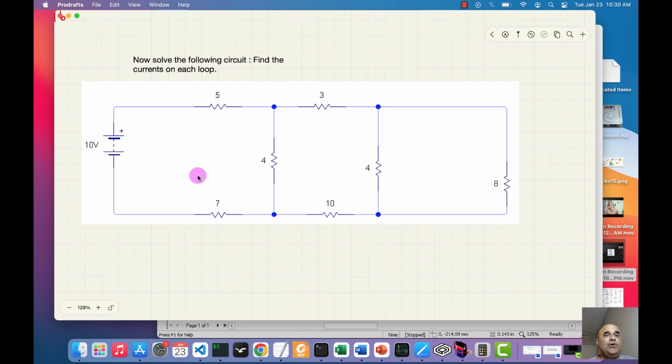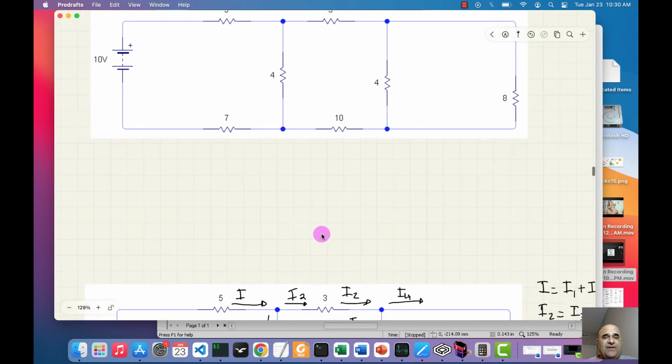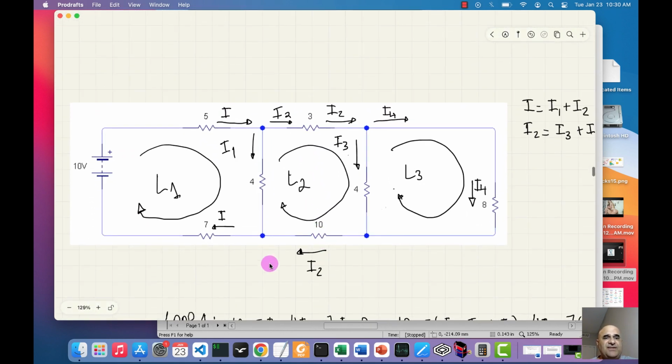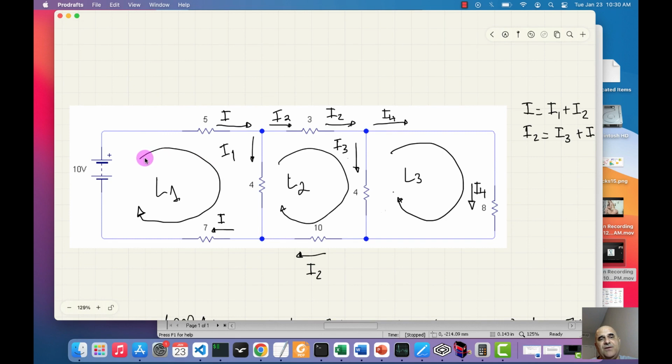Okay, each loop is an equation. So let's see, for example, how to set up the problem. Here we have the loop number 1, loop number 2, loop number 3. I'm using for all of them the same direction, clockwise direction.